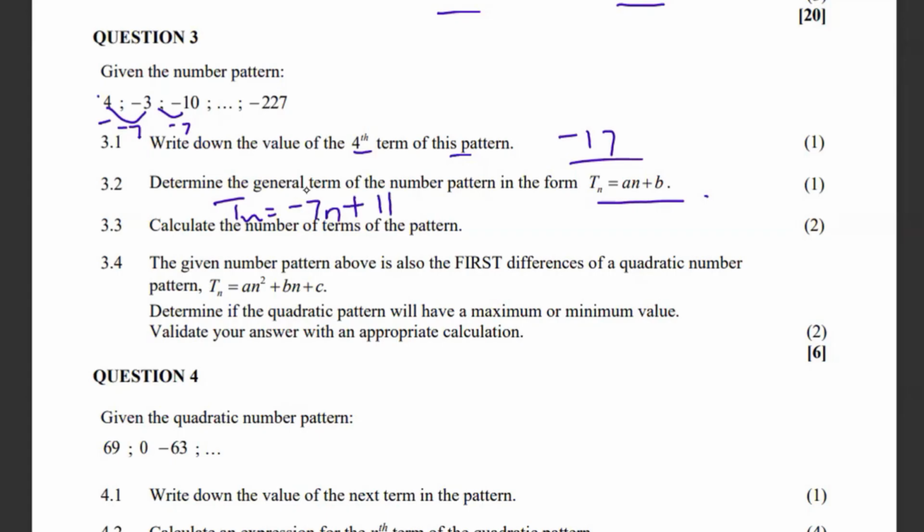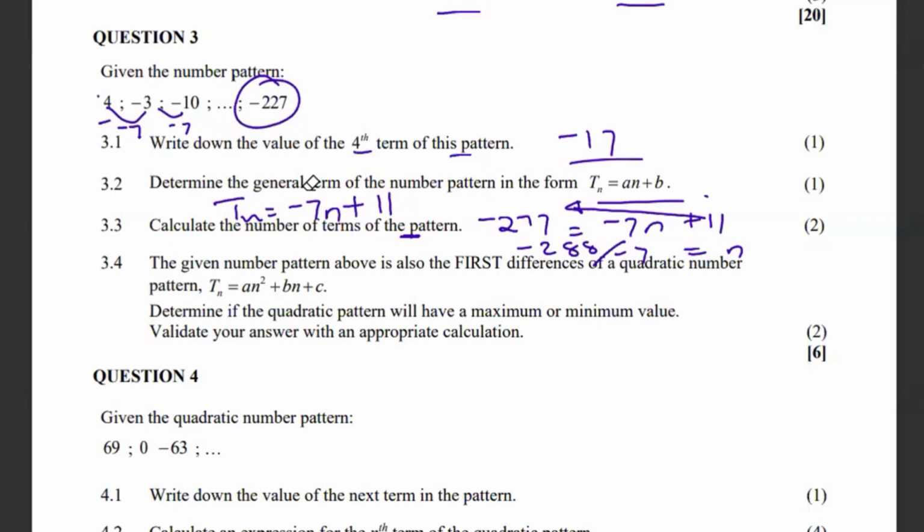Then calculate the number of terms within the pattern. So for us to get the number of terms, where there is Tn, let's put negative 277 is equal to negative 7n plus 11. Let's move the 11 to this side, which is going to be negative 288 divided by negative 7 should give us n. Is that going to make sense? Let me just punch that in the calculator.